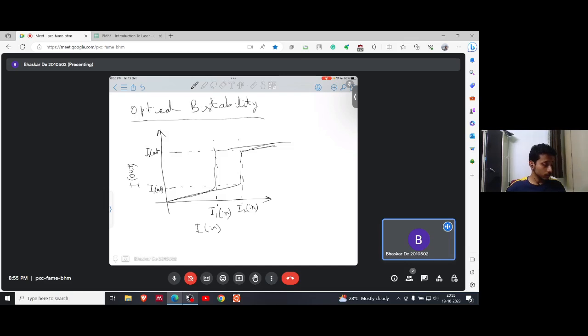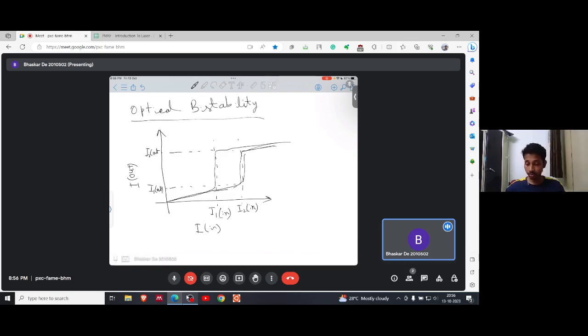Then as the input intensity of the beam is increased, eventually an intensity of I2 in is reached, at which the output intensity jumps significantly to the value of I2 out. From here it goes here, and then as the intensity is decreased, the output intensity remains high until a much lower value I1 in of the input is reached.